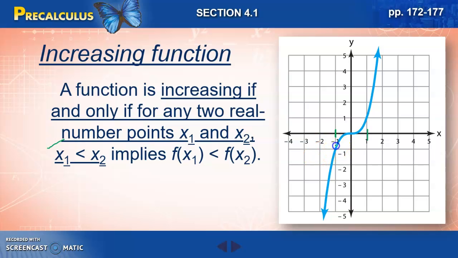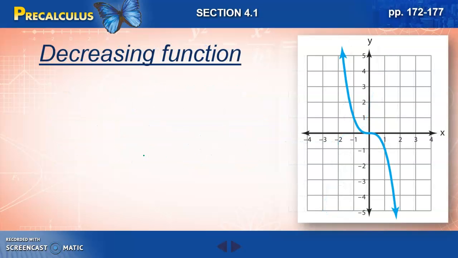Well, f of -1 is -1, and f of 1 is 1. So f of -1 is less than f of 1. Right, those two things are both true. So therefore we have an increasing function. So again, we can look at it logically and say, yes, that's increasing, or we can go back to the definition and prove that it is in fact increasing.